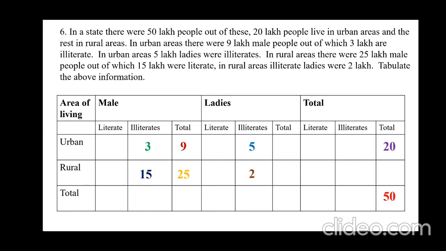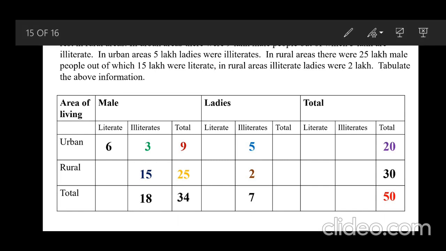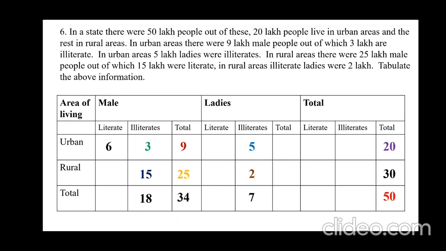So look at that. What is the information? 50 minus 20. Then 25 plus 9. Then next immediately 15 plus 3 we can find out. Then male literate we can find out one by one. 9 minus 3. 25 minus 15. 34 minus 18. 16. So one table is filled. In a similar way we can fill it based on that total, and then the male total will give the female total, that is the ladies total.